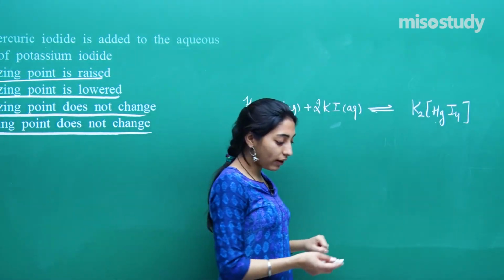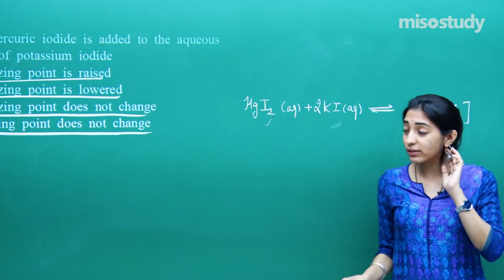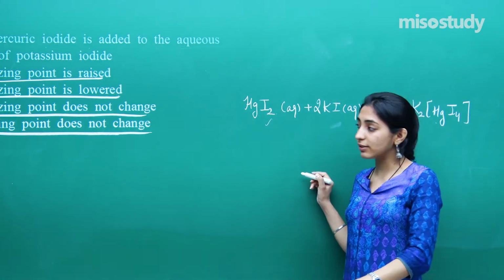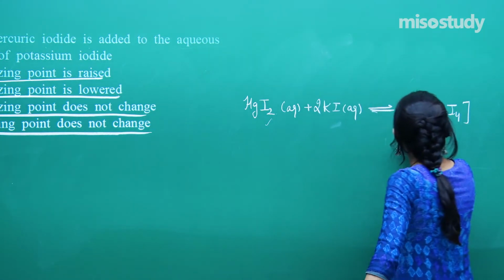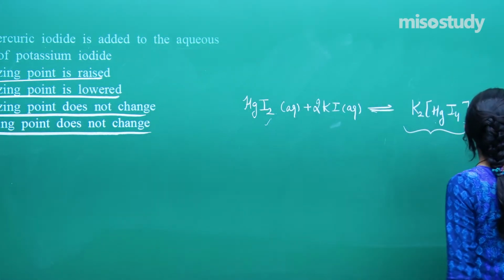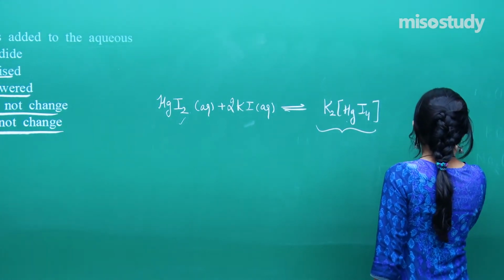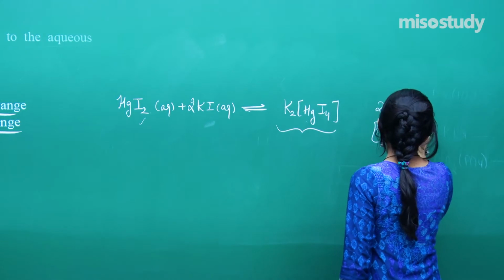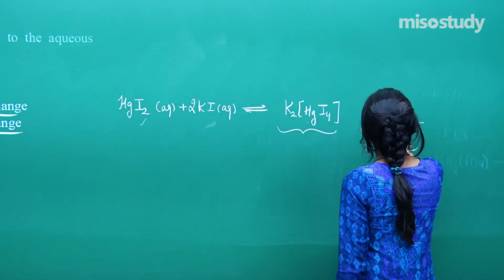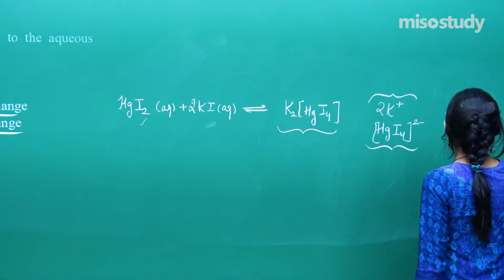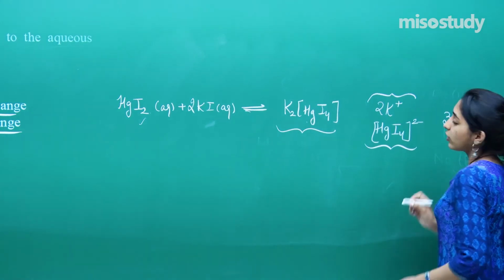Earlier, what was the van't Hoff factor? The total number of ions in the solution are changing. Now how many ions are there? You will get 2 potassium plus HgI4 2 minus. So 1 ion plus 2 ions, now you are getting a total of 3 ions, right?